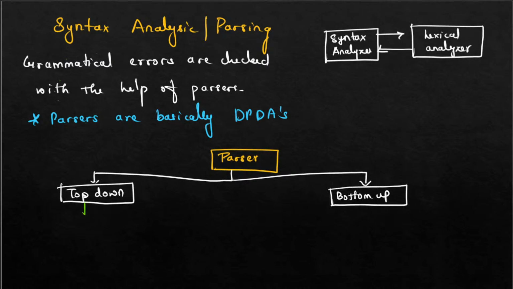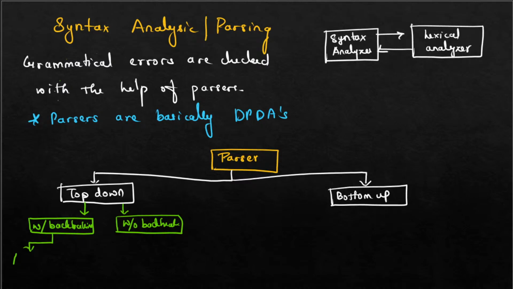So here in the top down, that doesn't mean that you don't have to do top down. You also have to do top down as well. Here we have with backtracking, and this one will be without backtracking. With backtracking, the first one is recursive and the second is non-recursive.